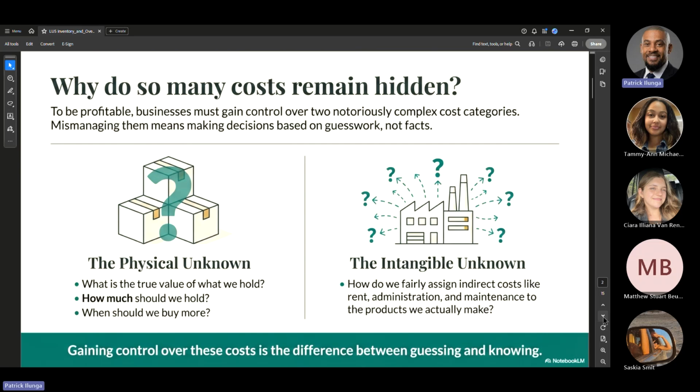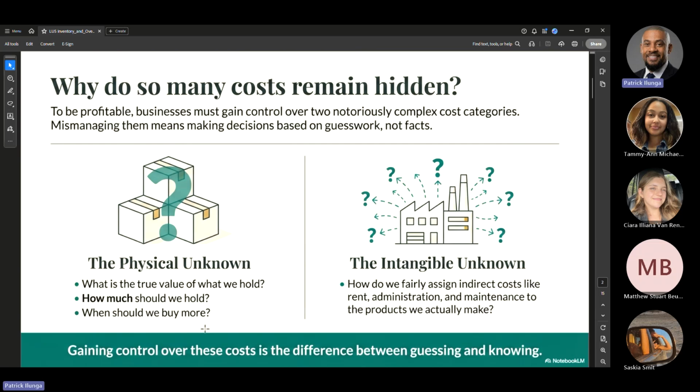So when you're looking, and this is actually a very good picture, right? What is the true value of what we hold? How much should we hold? And when should we buy more? Keep those questions in mind, because in every business you're going to be involved in, you have to ask yourself these questions.